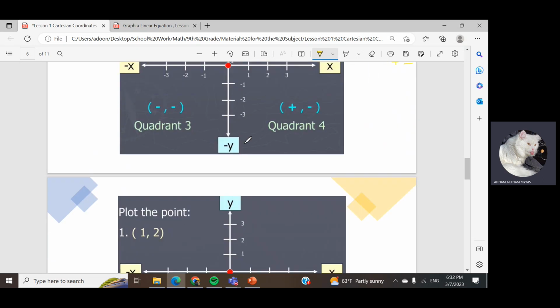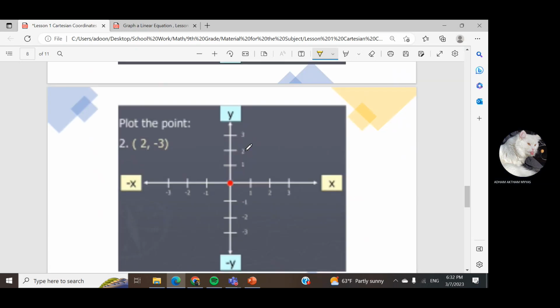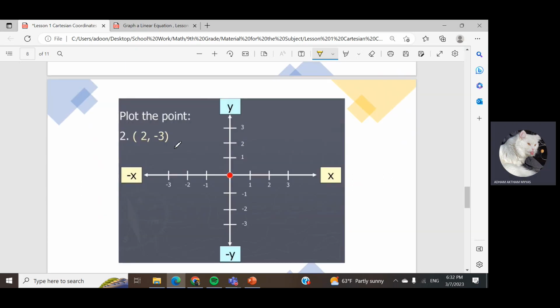So let's continue. If I told you this is point 1, 2, I have to jump 1 to the right side and 2 to the upside. So this is the point that I need. If I told you I need 2, minus 3, I have to move 2 to the right, and minus 3 to the downside. So this is the point.